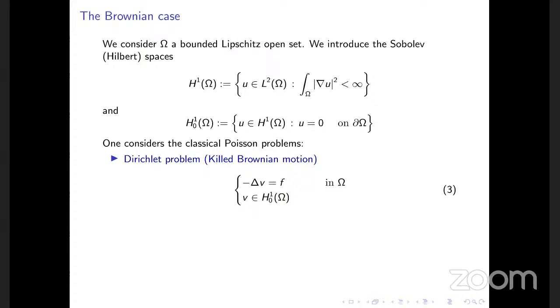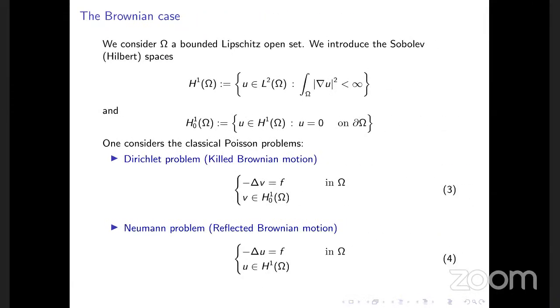In some cases, the process may not even touch the boundary, and so this is also a feature that we will see later on. And in the reflected case, this is the usual Neumann problem, where we have the Laplacian of u equal f, but u is in H1.